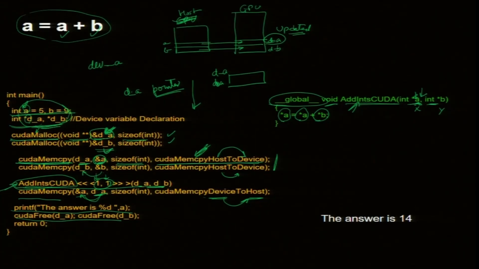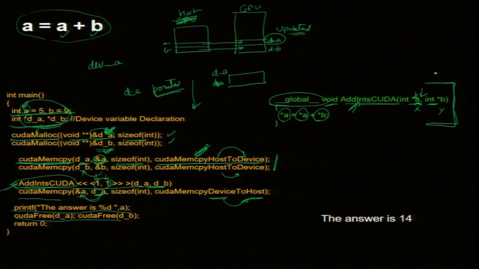The part of the code written under global is only accessed by GPU. The compiler will create a GPU object code for this, which is stored inside the GPU, and that will execute. It will run only on GPU, it won't run on CPU.